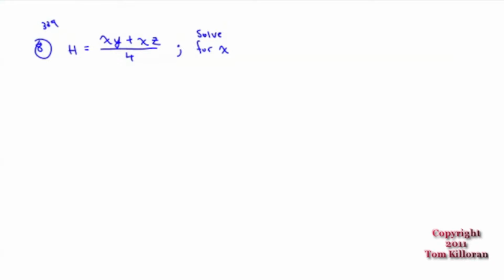All right, so if we're going to solve for x, what do we have to do first? Factor. Multiply by 4. Generally, you don't want to factor because that creates parentheses. And usually when you're trying to solve a linear equation, you want to get rid of parentheses. So you multiply both sides by 4, and you get 4h is equal to xy plus xz.